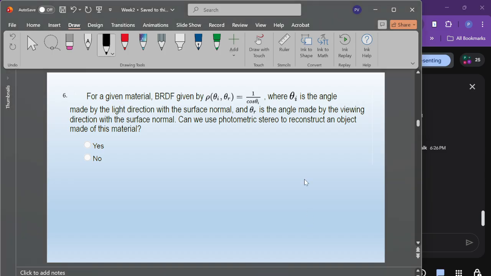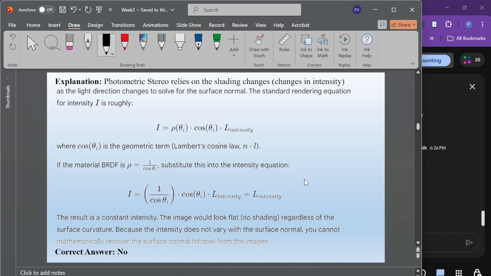Okay, so let's see the solution here. The explanation for this question is that photometric stereo relies on shading change, that is, a change in intensity as the light direction changes, to solve for the surface normal.